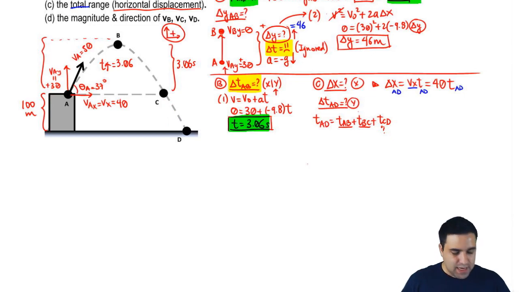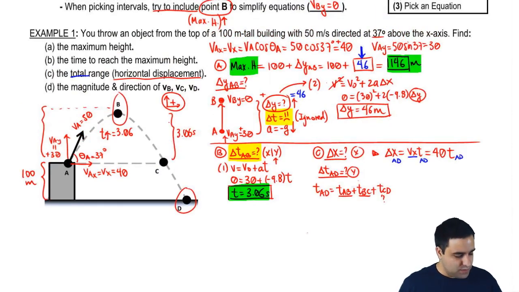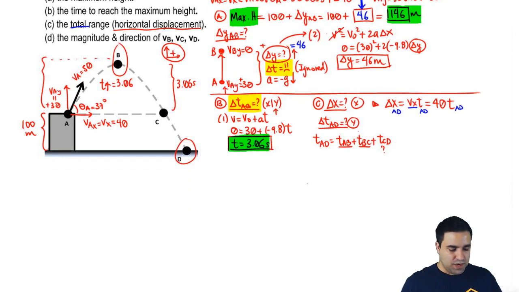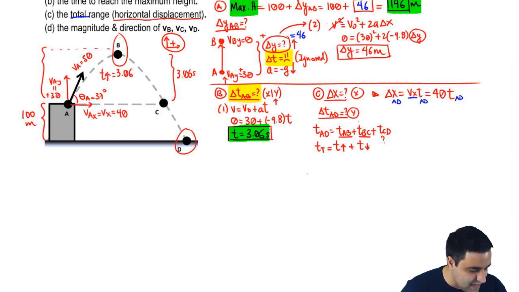The thing is, it turns out that if you go from B to D, it's actually easier, and it's the point that I made in the beginning, that as much as possible we're going to try to include point B, because things will simplify. Okay, so instead of thinking of it as A, B, B, C, and C, D, I actually want you to think of any kind of time total as simply the entire time up plus the entire time down.